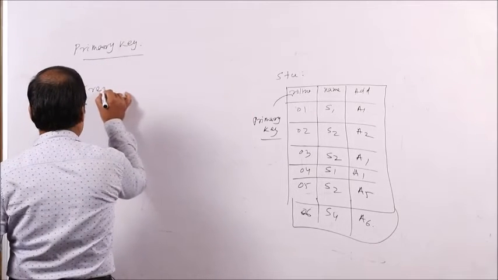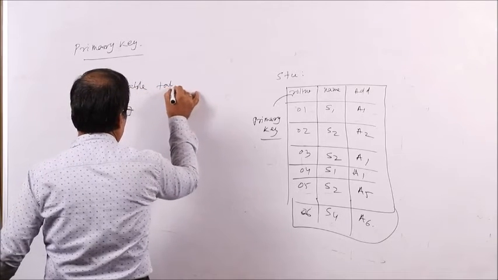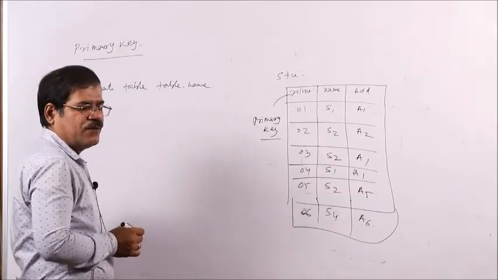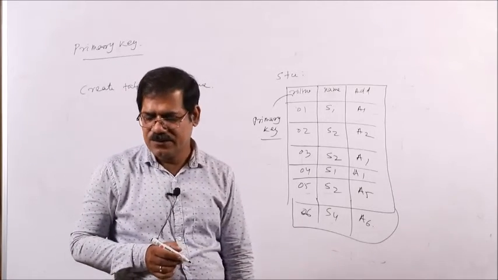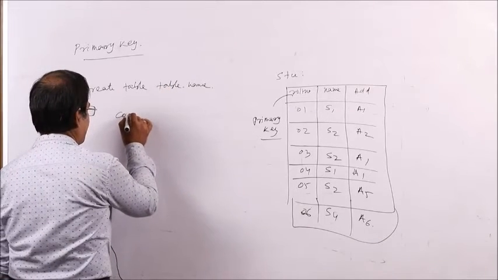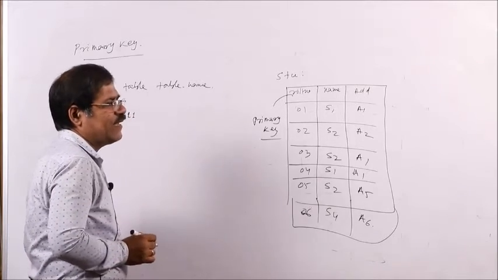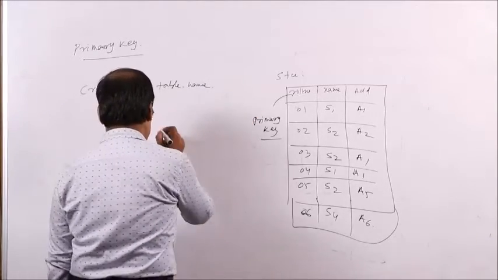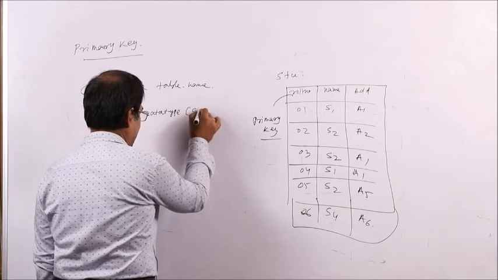So, like this: create table name, then you write the field names. Let it be 3 fields or 4 fields according to your choice, you declare the fields or columns. You declare column 1, then what type of data you declare, the data type, then you provide the size.